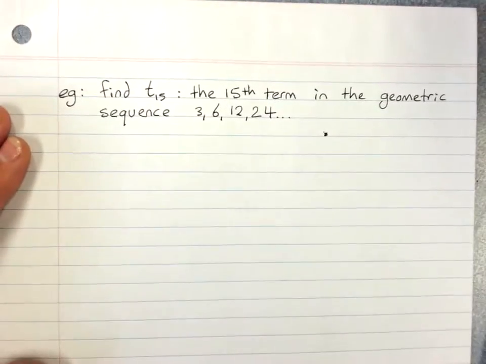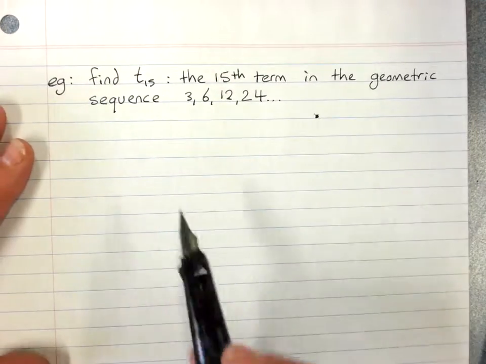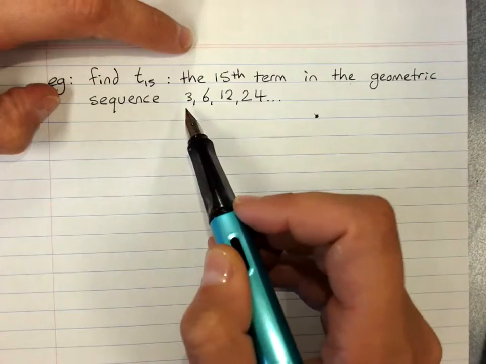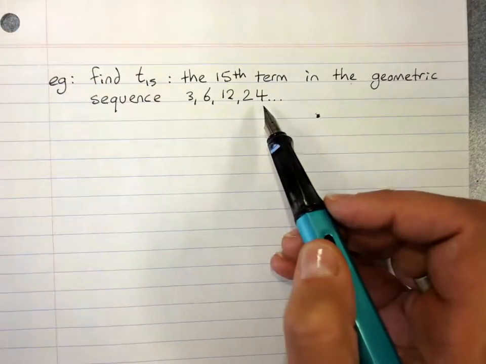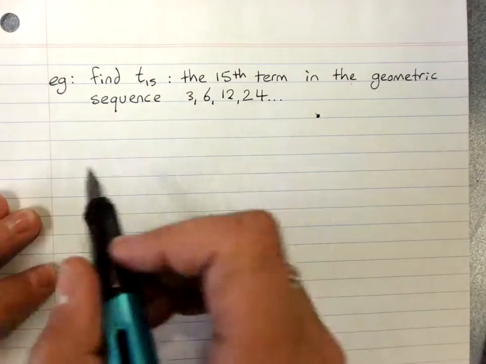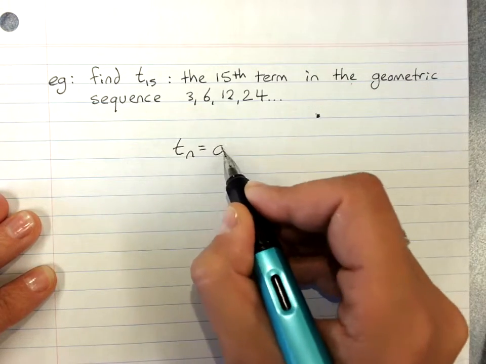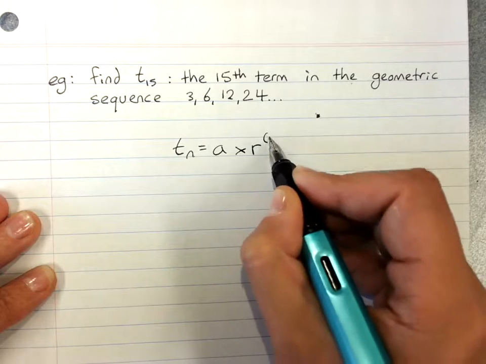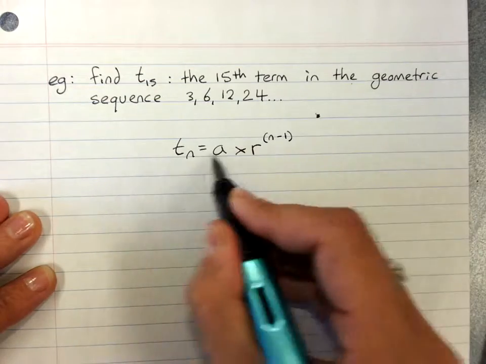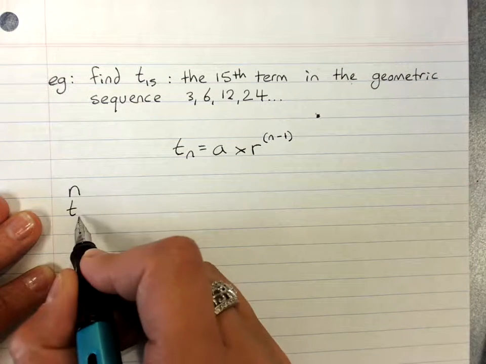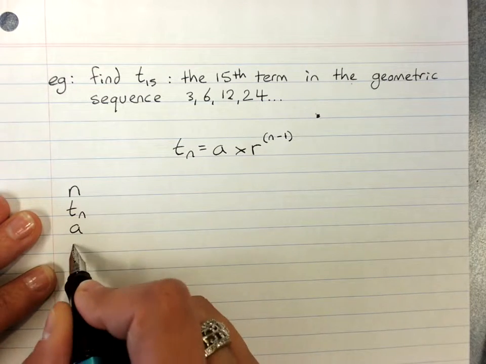This is the other sort of question that we did for the arithmetic ones. Find T15, the 15th term in the geometric sequence like this. So, that's when you need your rule. Tn equals a times r to the power n minus 1. Write down all of these: n, Tn, a, r.